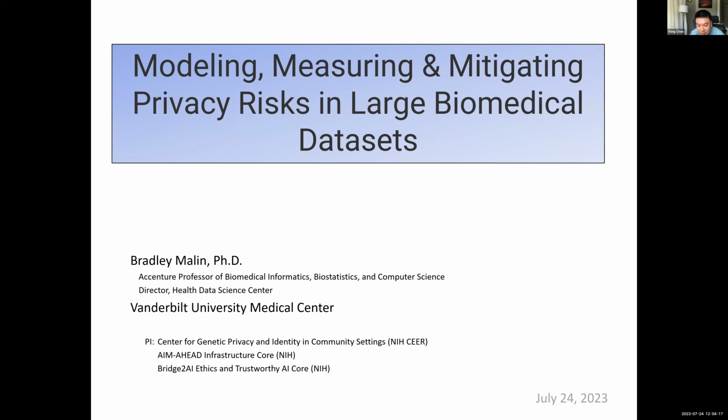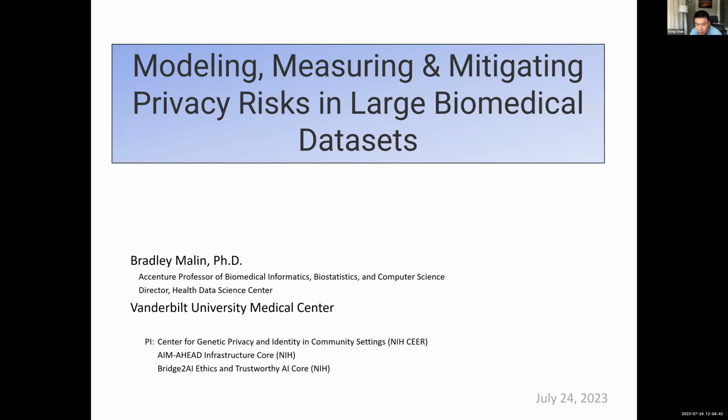So Dr. Brad Malin is an international leader in data privacy, security, and AI. Dr. Malin got his PhD in computer science from CMU, and he is currently Accenture Professor of Biomedical Informatics, Biostatistics, and Computer Science at Vanderbilt University, and the Vice Chair of the Department of Biomedical Informatics at the Vanderbilt Medical Center.